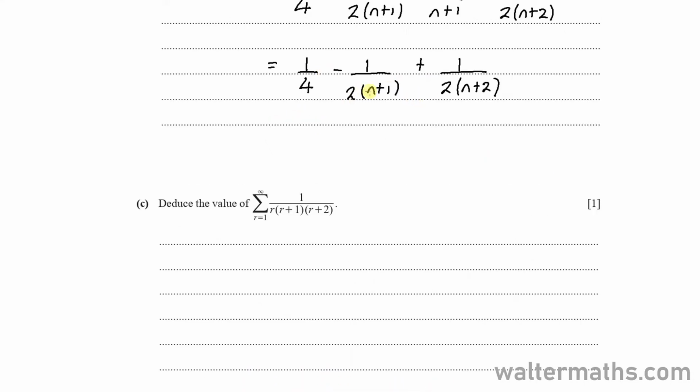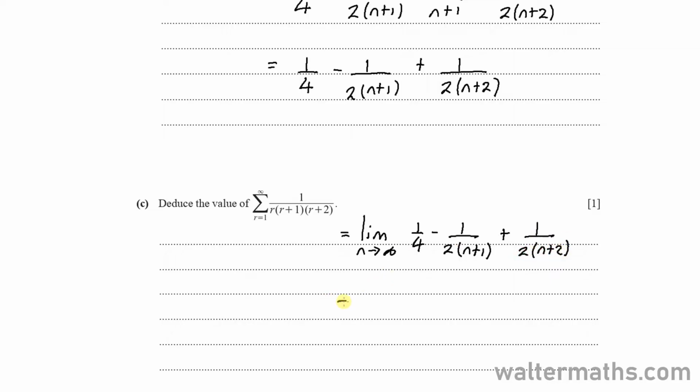Now considering what we got for the sum to n right above, we can say that this is equal to the limit as n approaches infinity of a quarter minus 1 over 2(n+1) plus 1 over 2(n+2).